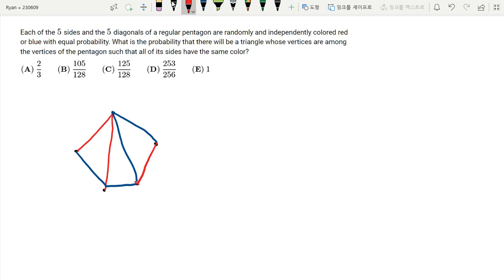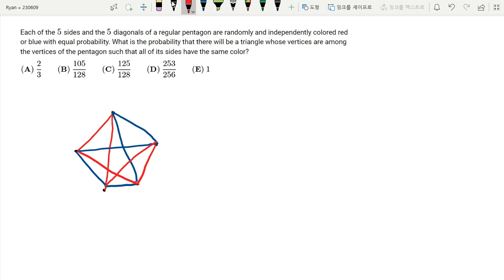Now this one should be red, and if this one is red, this one should be blue. And then because these two are blue, this one should be red. So we can make another complement.